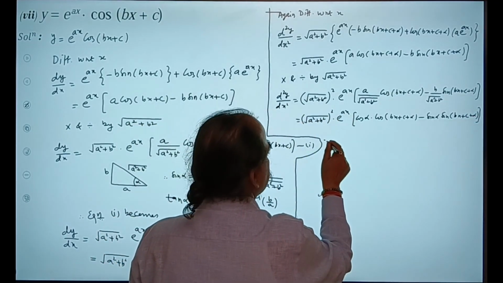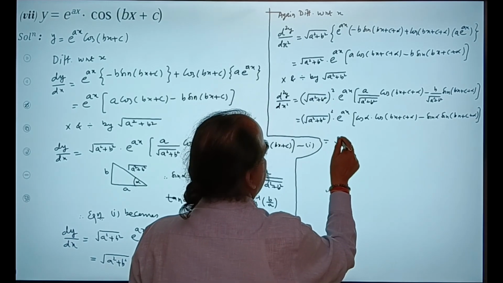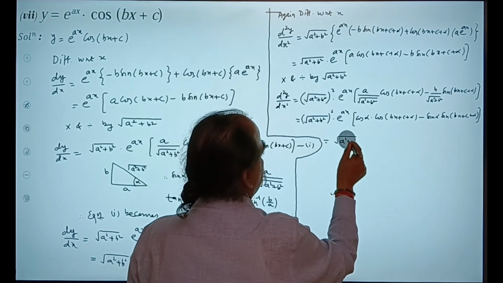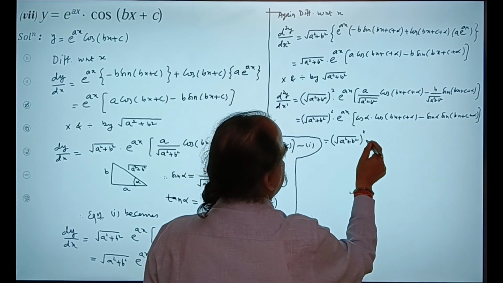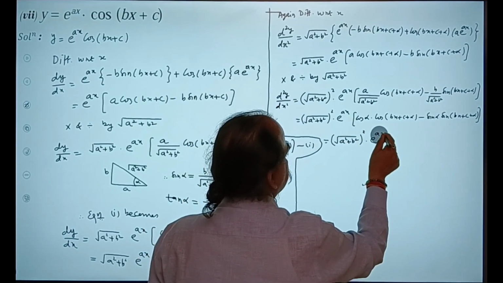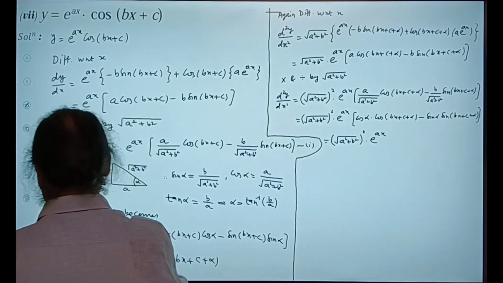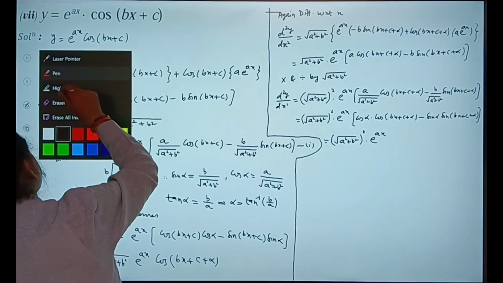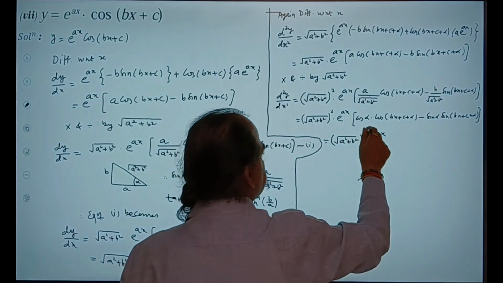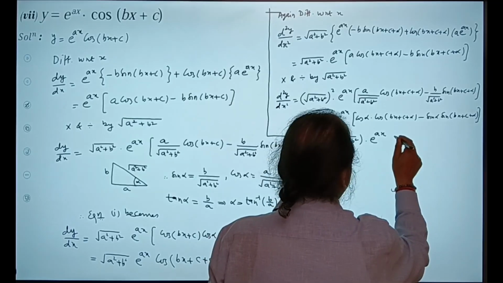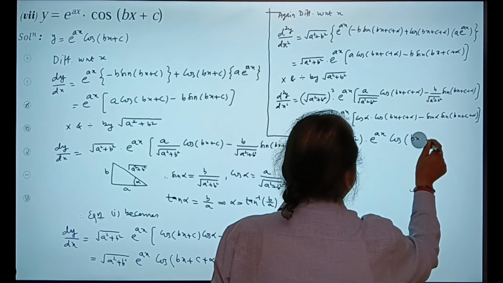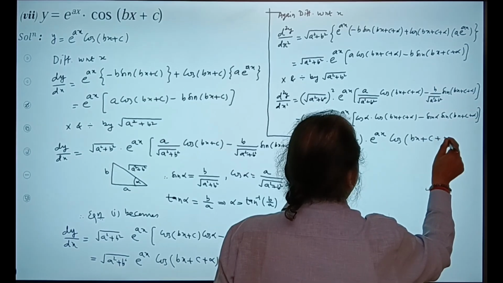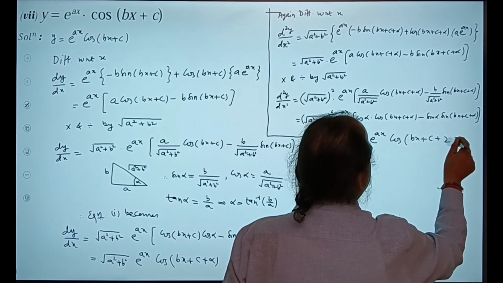And this entire thing will become what? Root a square plus b square whole square e raised to x, this will become cos(bx plus c plus alpha plus alpha), which is 2 alpha.